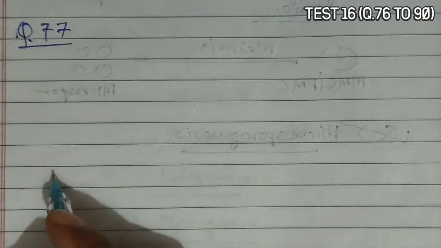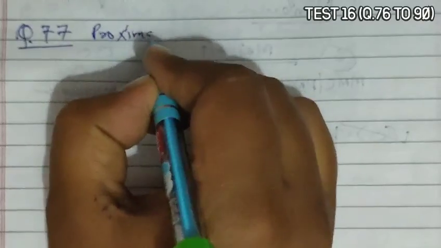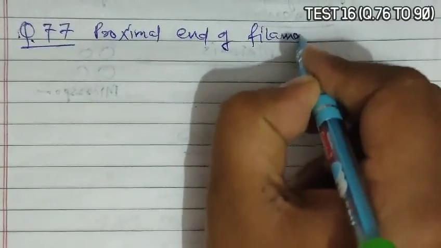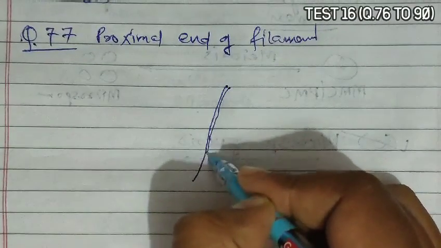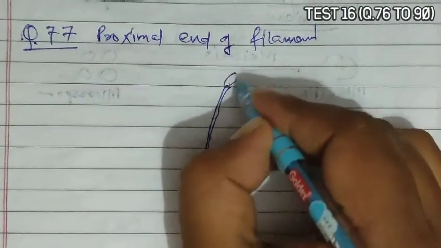Question 77 asks that the proximal end of the filament of stamen is attached to what. Now if you draw the structure of a filament, it looks like this, where it has a swollen end, and here you will find an anther.